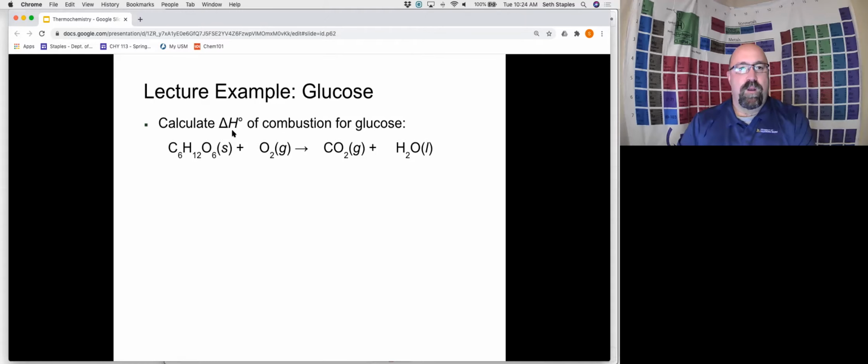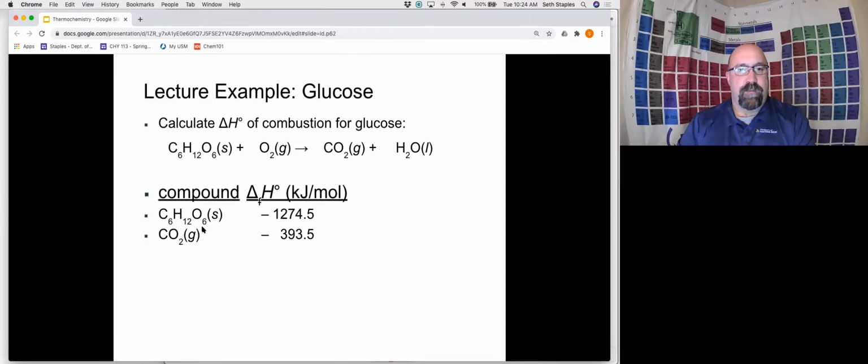We want to know the heat of combustion of this reaction here, the energy associated with this reaction. We have all this information: the heat of formation of glucose, the heat of formation of CO2, and the heat of formation of H2O. Now remember, we don't need the heat of formation of O2, because the heat of formation of this compound is 0, because it's an element in its natural state.